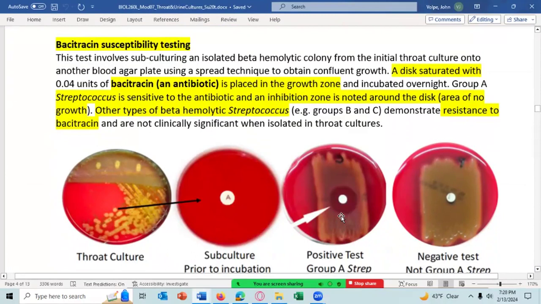If there is a zone of inhibition of a certain size, this is Streptococcus pyogenes. It is sensitive to bacitracin. The other members of the family Streptococcus are not sensitive to bacitracin, and so they will be bacitracin negative in their test.